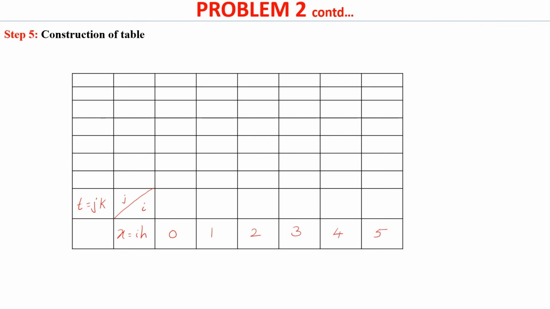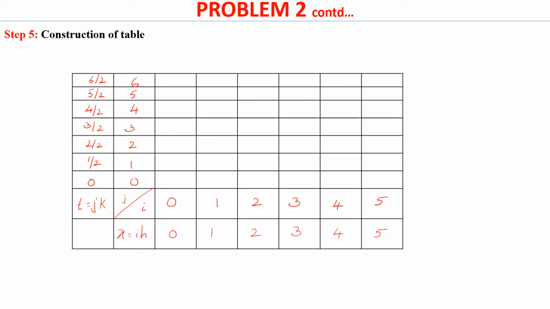So this is also 0, 1, 2, 3, 4, 5. Here it is 0, 1 by 2, 2 by 2, 3 by 2, 4 by 2, 5 by 2, 6 by 2, which is 3, and thereby it will be 0 when you divide by 1 by 2. It is 3, 4, 5, and 6.